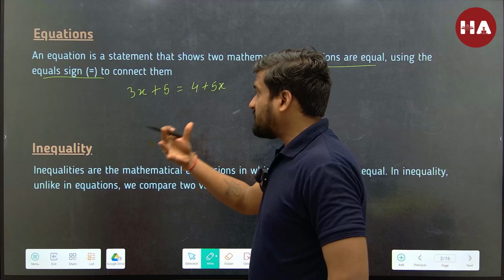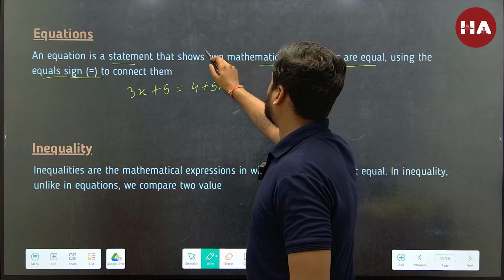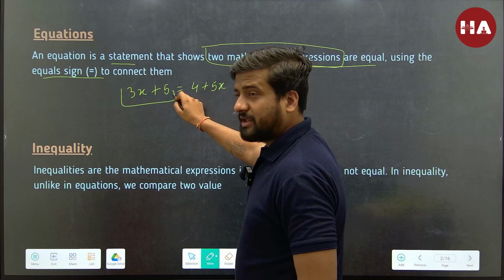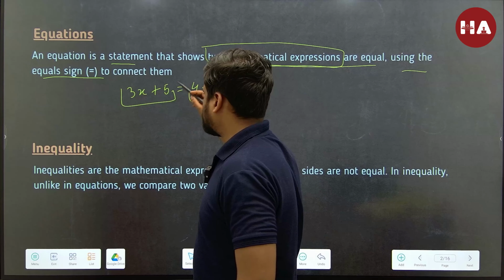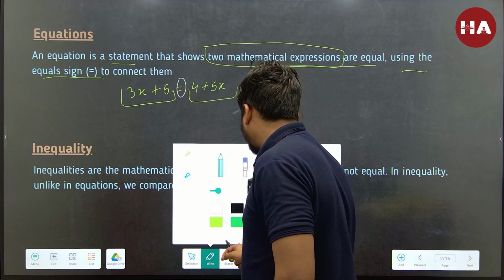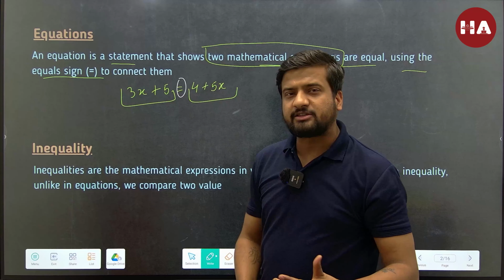The definition was, an equation is a statement that shows two mathematical expressions are equal using the equal sign. So I have shown what was given in the definition.